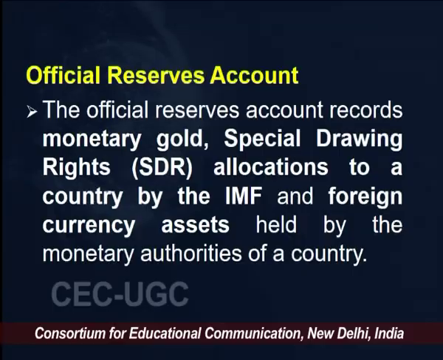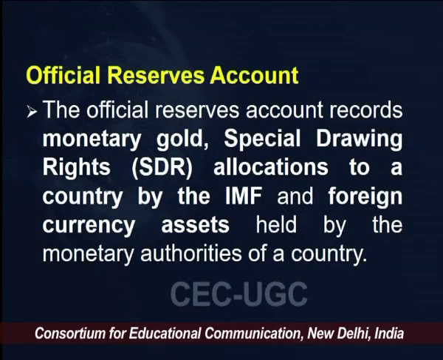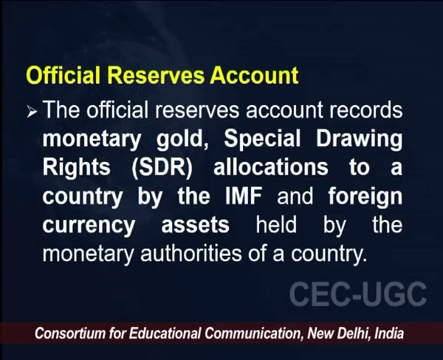It is a record. It records monetary gold, special drawing rights or SDR allocations to a country by the IMF, and the foreign currency assets held by the monetary authorities of a country.